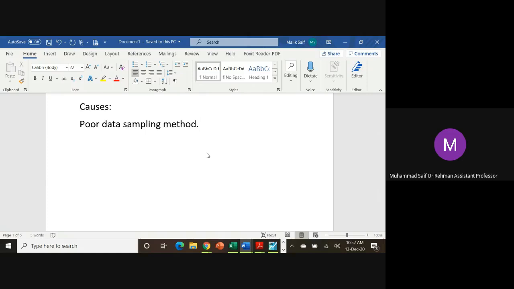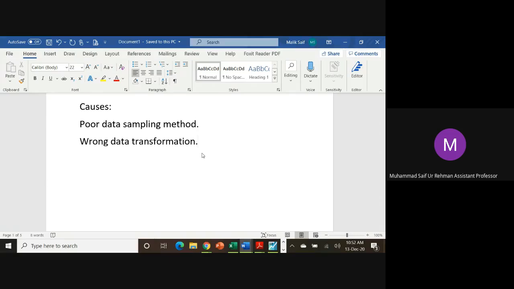Otherwise, the second cause may be wrong data transformation. So you have to transform data in the proper way.